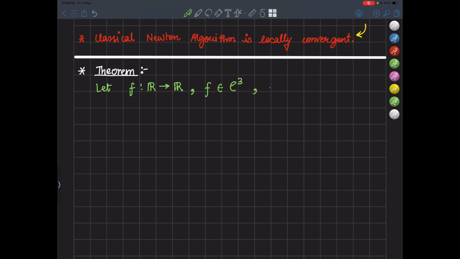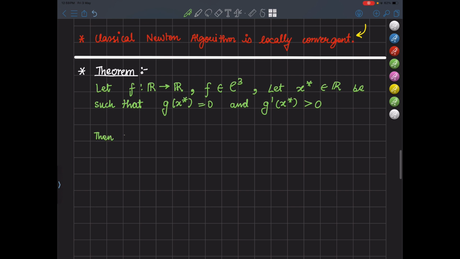Please note here f is a function of a single variable input, so the domain of f is real numbers. So let x star belong to R be such that g of x star equal to 0 and g prime of x star is greater than 0. This is the sign that x star is a local minimum of this function.